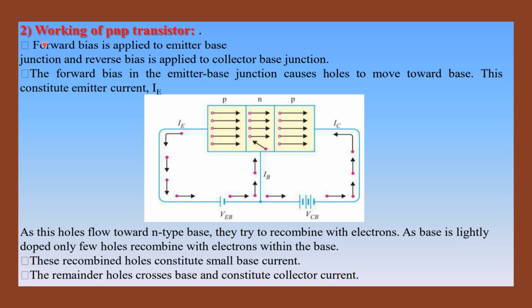In the same way, the working of the PNP transistor. See PNP: emitter, base, collector. Emitter is heavily doped, base is lightly doped and thin, and collector is moderately doped. Input junction is forward biased, output junction is reverse biased.